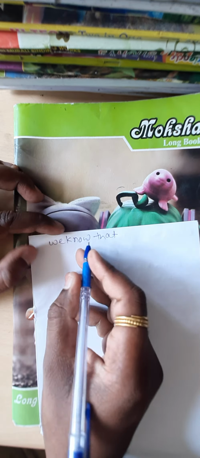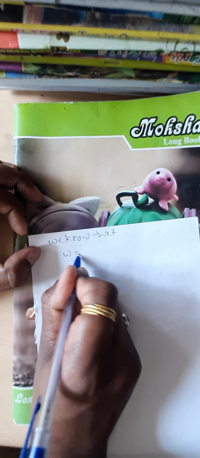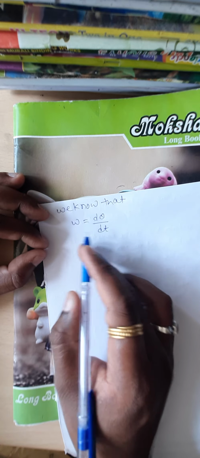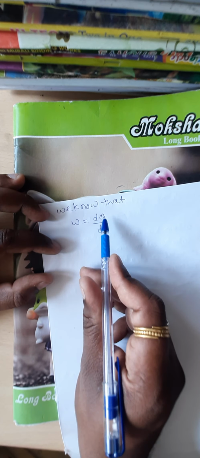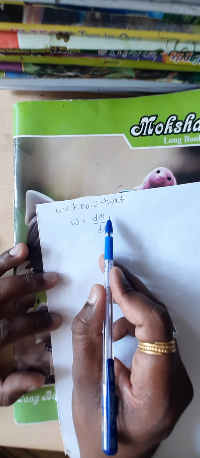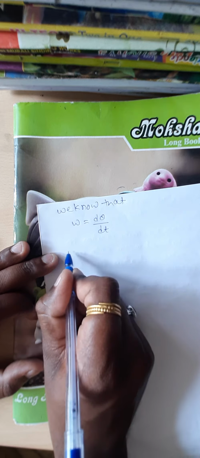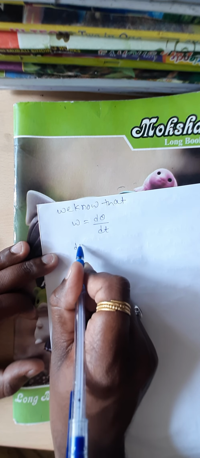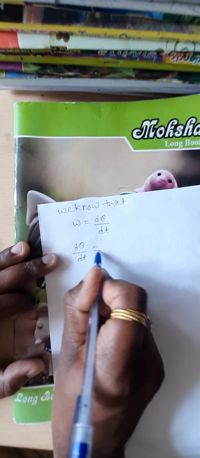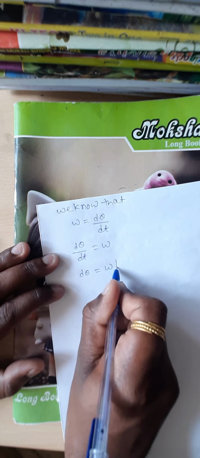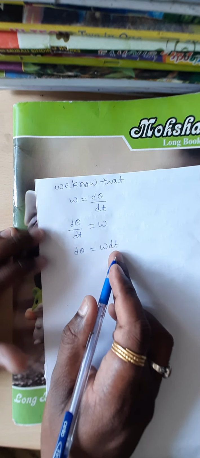We know the definition: angular velocity omega is equal to d theta by dt, the rate of change of angular displacement theta. So omega is equal to d theta by dt, or d theta by dt is equal to omega. Taking cross multiplication, d theta is equal to omega into dt. Now again integrating this equation within the limits.